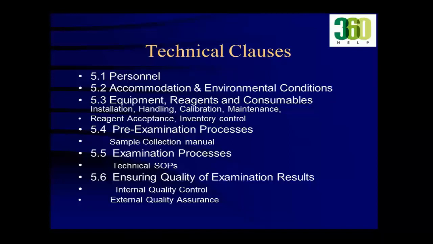So how the equipment has to be installed, how you will handle it, how you will calibrate and maintain that equipment, how reagents will be accepted, how inventory has to be controlled. So all will come under 5.3: your equipment, calibration, handling, maintenance.